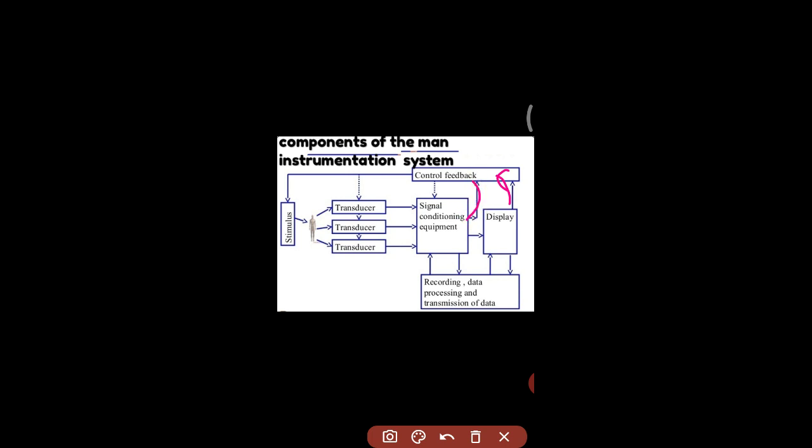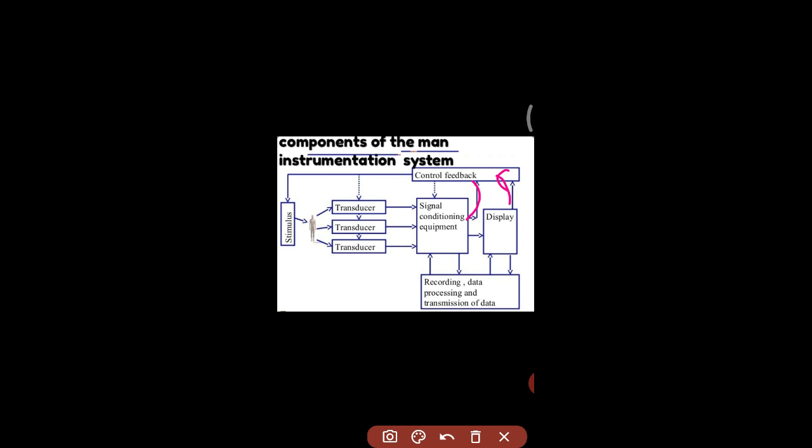It is necessary to have automatic control of the stimulus, transducers or any part of the man instrumentation system. In the feedback loop, part of the output from the signal conditioning or the display equipment is used to control the operation, in the same way as a management system.